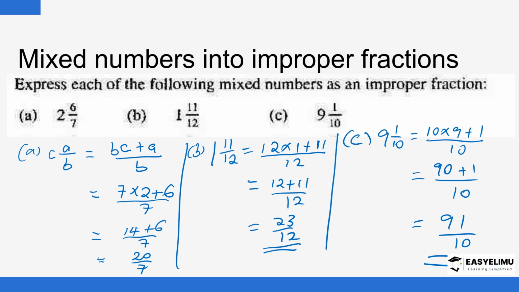So you can see we are able to convert the numbers from mixed numbers to improper fractions. So take note of the formula that you have used here. The denominator multiplied by the whole number part, then you add the numerator. That is the formula that will be applicable in this case.